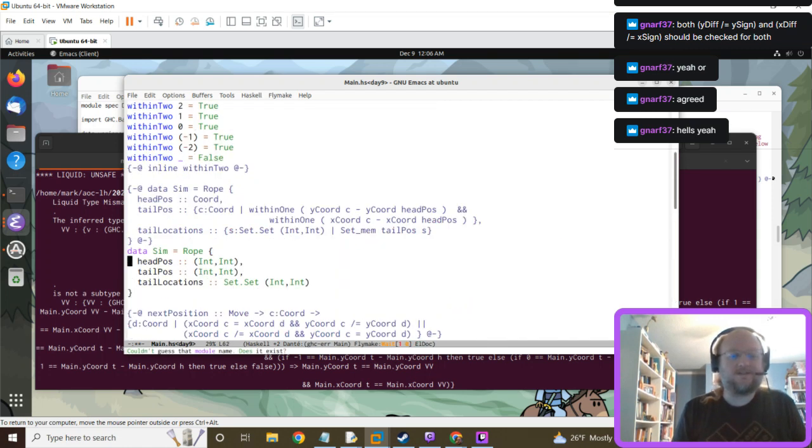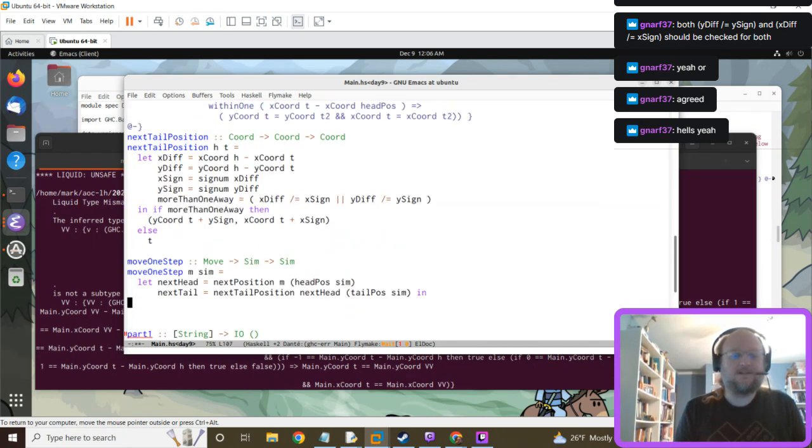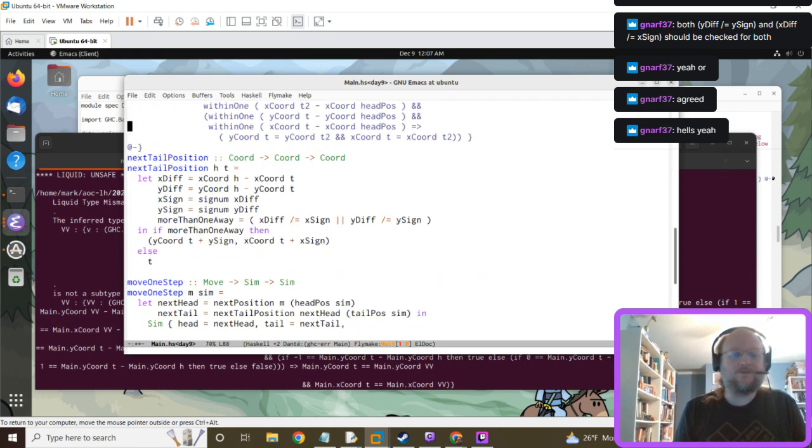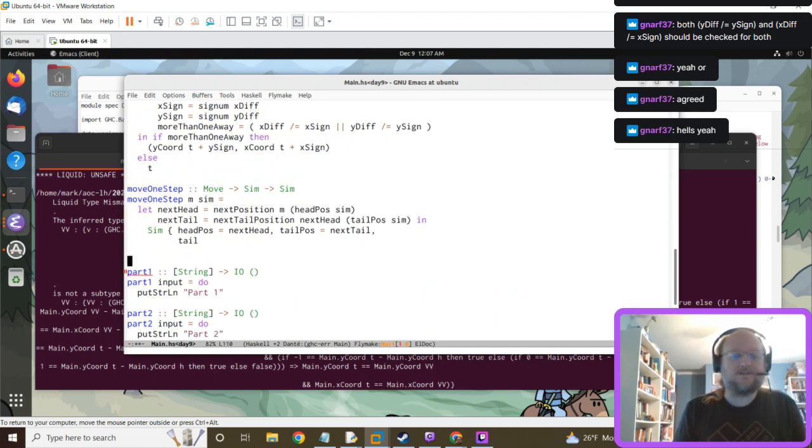And we just got to recreate simulation. So simulation with head equals next head, tail equals next tail, and head position, tail position, and tail locations, tail locations of the simulation, union singleton next tail.